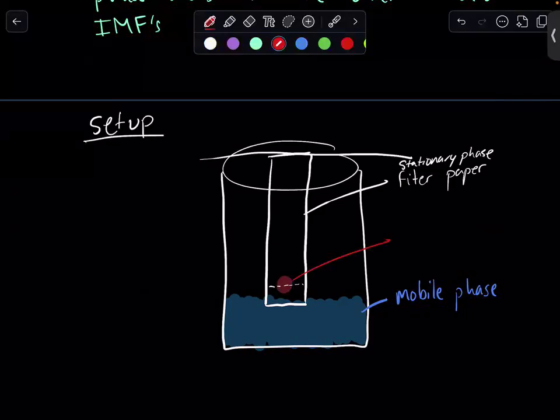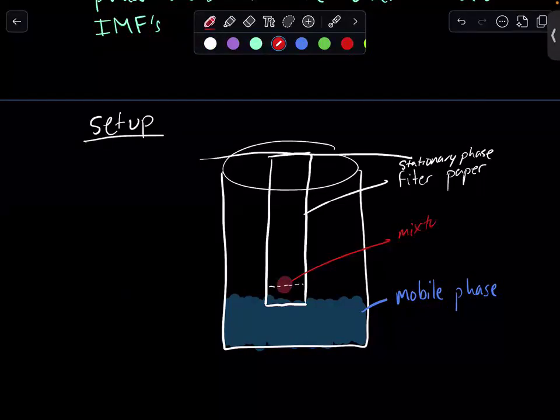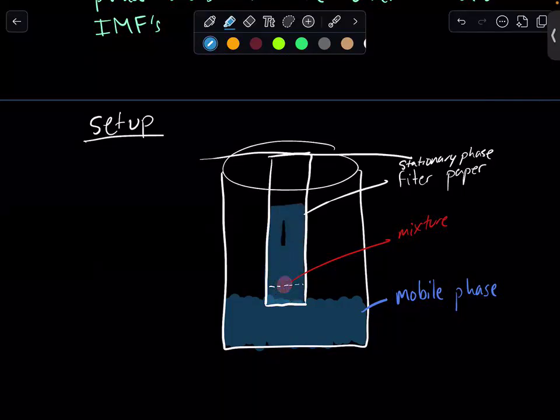So this will be our mixture or substance we're analyzing. And as we get our liquid, our mobile phase, to move up the paper, it will draw up parts of the mixture. So we'll get some spots to appear.